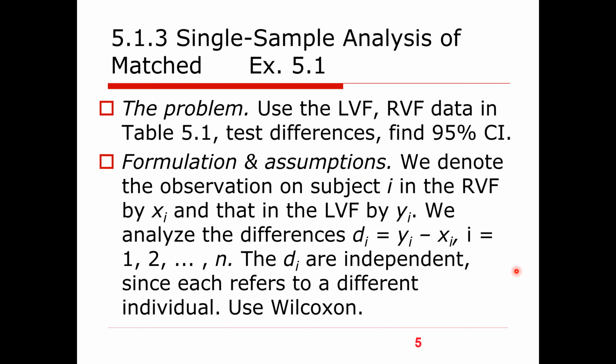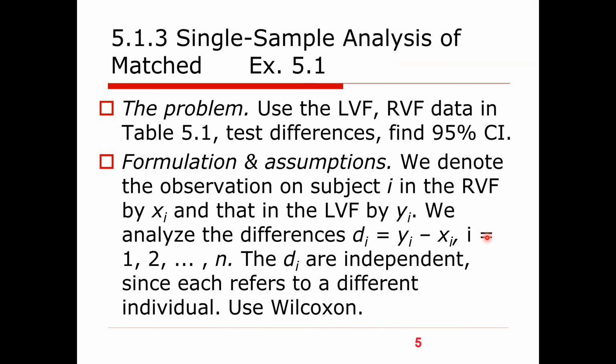So let's look at example 5.1. Using the data of the left and right vision field response time, assess if there is a consistent response difference between left and right, then find a 95% confidence interval. So we use Di to denote the difference between left and right for the ith person.